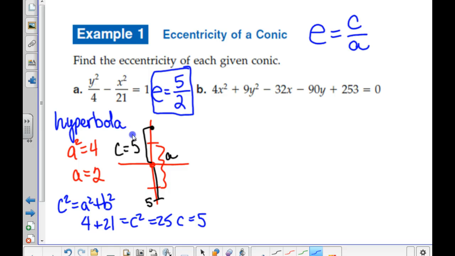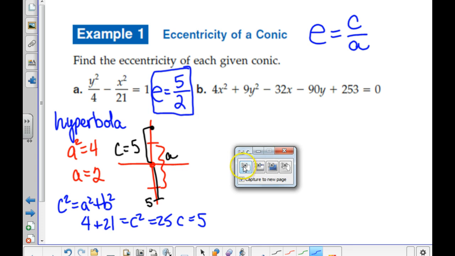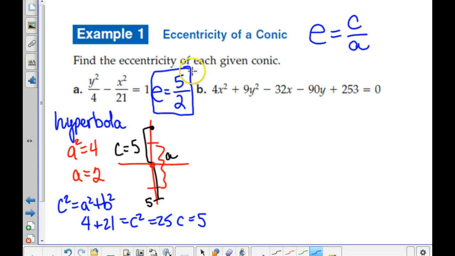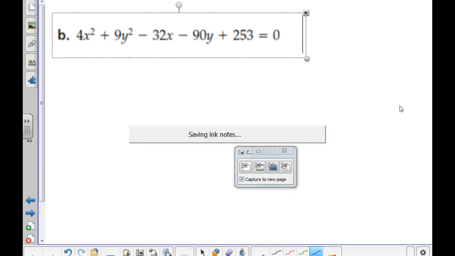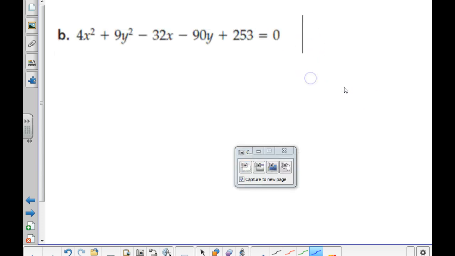All right, part B did not go well for a couple of you on the quiz. When you had to complete the square, you didn't have to find eccentricity, but the completing the square didn't go well. Some of you are still struggling with that, the negative. Let's go through this quickly.